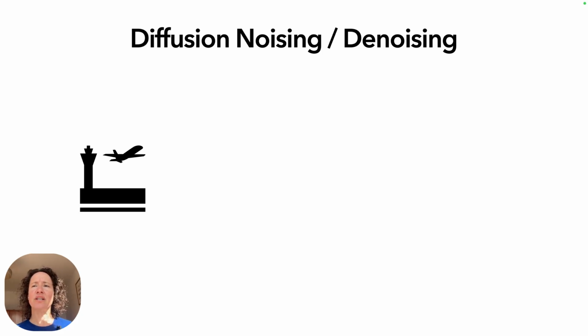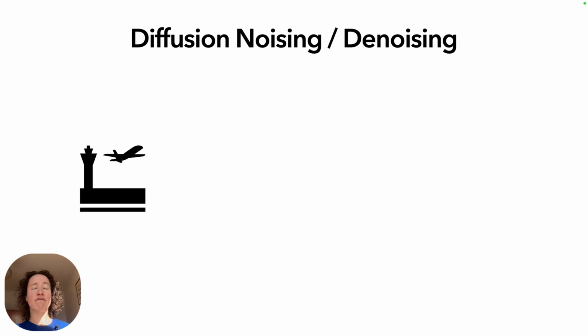Well, diffusion, if you know anything about diffusion, even if you just have a layperson's understanding of diffusion, it's like taking something concentrated and then diffusing it. So it's this concept that is borrowed from physics. And when the initial diffusion models started showing up, they were trained on this idea of noising and then denoising.